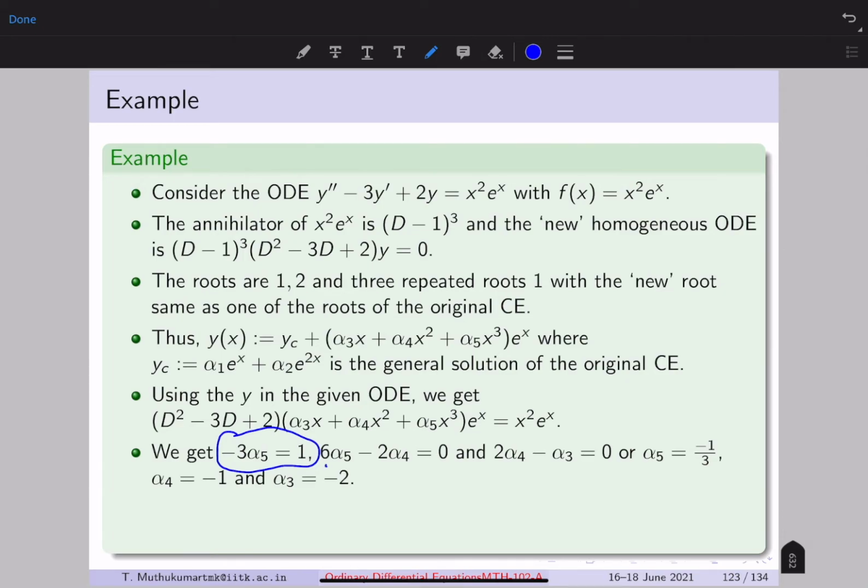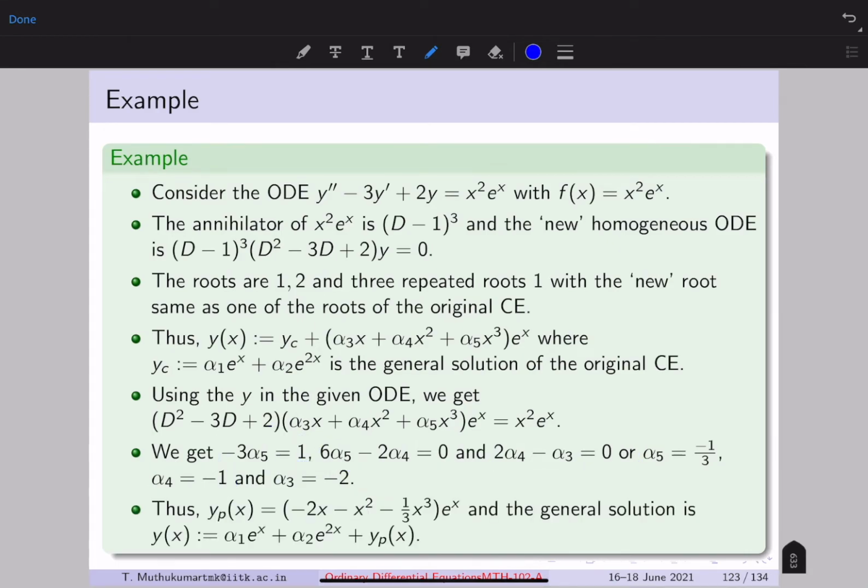So this is one relation, this is the second relation, and then this is the third relation. The first relation gives you that alpha 5 is minus 1 over 3, and using that information here you will get alpha 4 is minus 1, and using alpha 4 you get the information that alpha 3 is minus 2. Okay, so you have computed all the 3 coefficients, alpha 3, alpha 4 and alpha 5. Use that information and you get your general solution to be this.